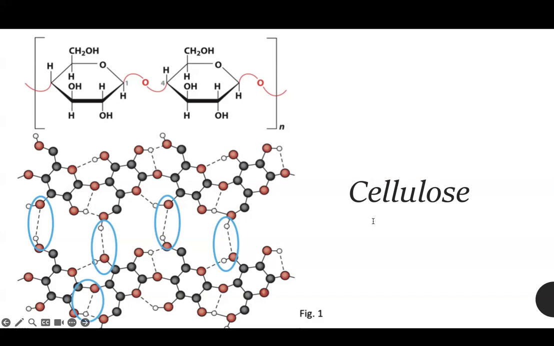And then another form of polymer that is made up of glucose monomers is cellulose, which is a structural polysaccharide. It is connected via beta 1,4 linkages, and it is a non-branched structure. It is the main component of certain cell walls and vegetable fibers, and it forms long extended fibers that give rigidity and strength.